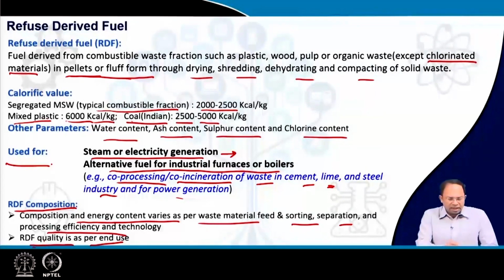Definitely the composition and energy content will vary, but we have to adjust our processes or sorting so that eventually we end up with RDF which matches the quality that we require at the end use. In whatever form it is going to be utilized, it has to match the characteristics required for that particular use.